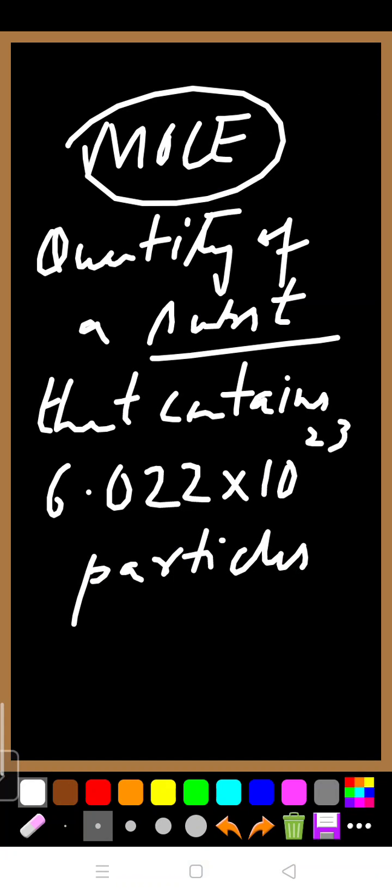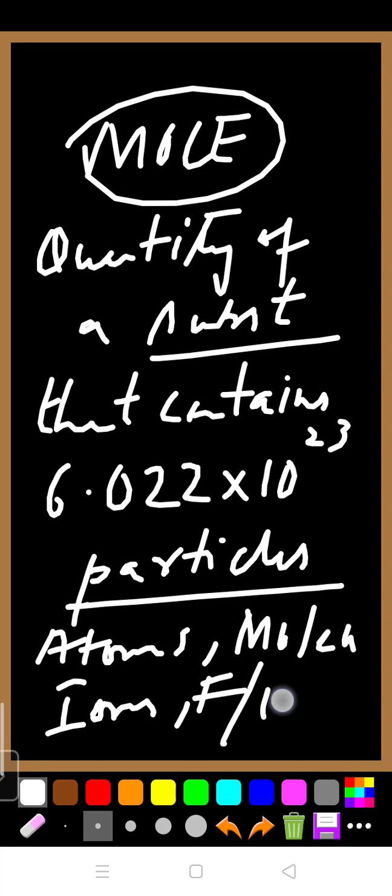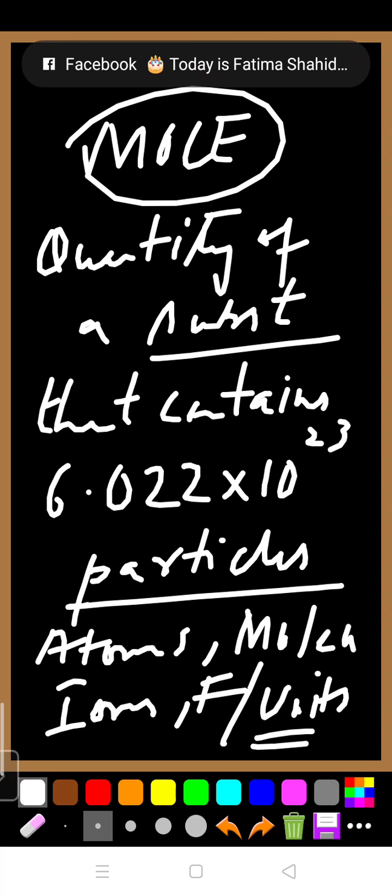6.022 exponent 23 particles. Particles means atoms, particles means molecules, and particles means ions, or you could say formula units. So a mole is basically defined as a quantity of a substance that contains 6.022 exponent 23 particles.